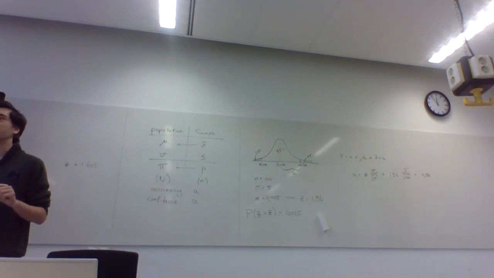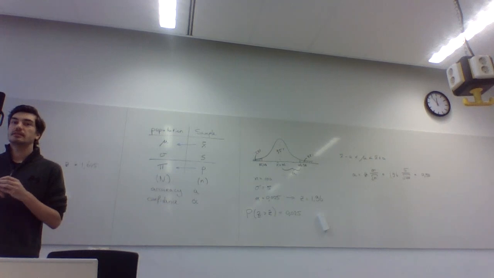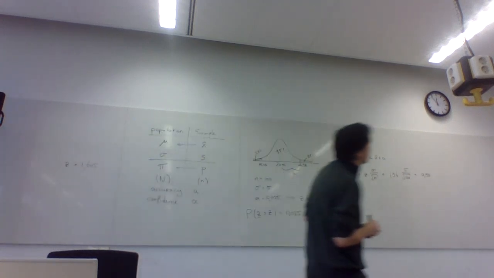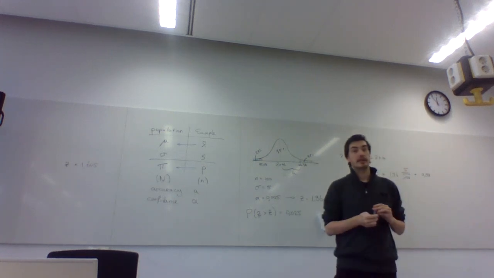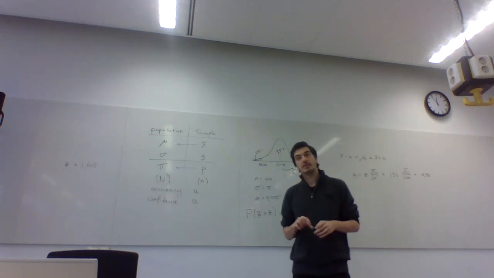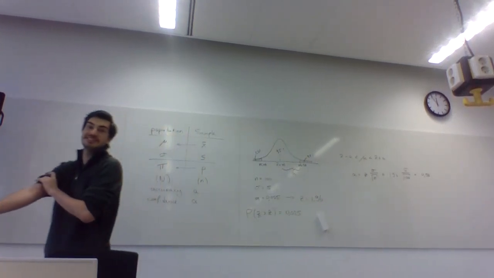Any questions so far? No? Just a question. So, is there any case where we're going to have to find the standard deviation of the population and the standard deviation of the mean? Ever?